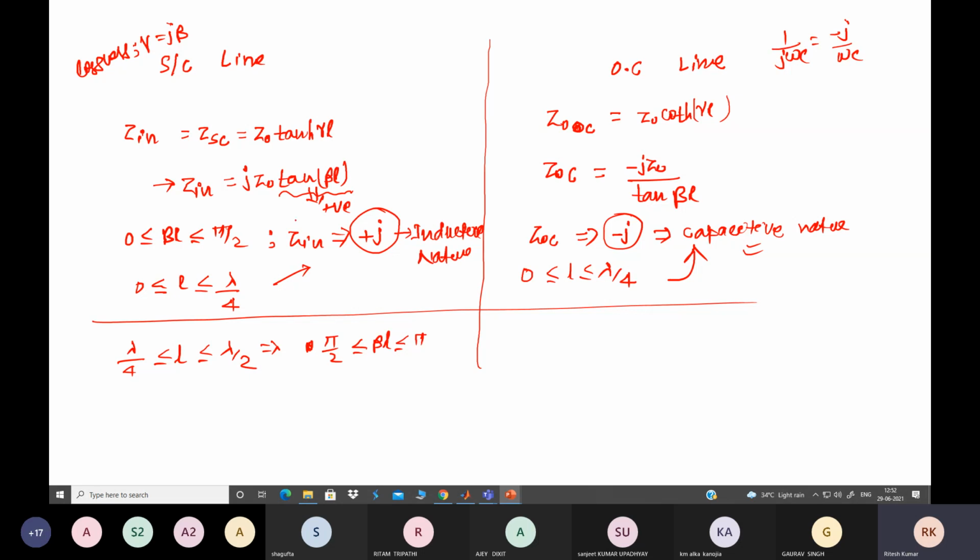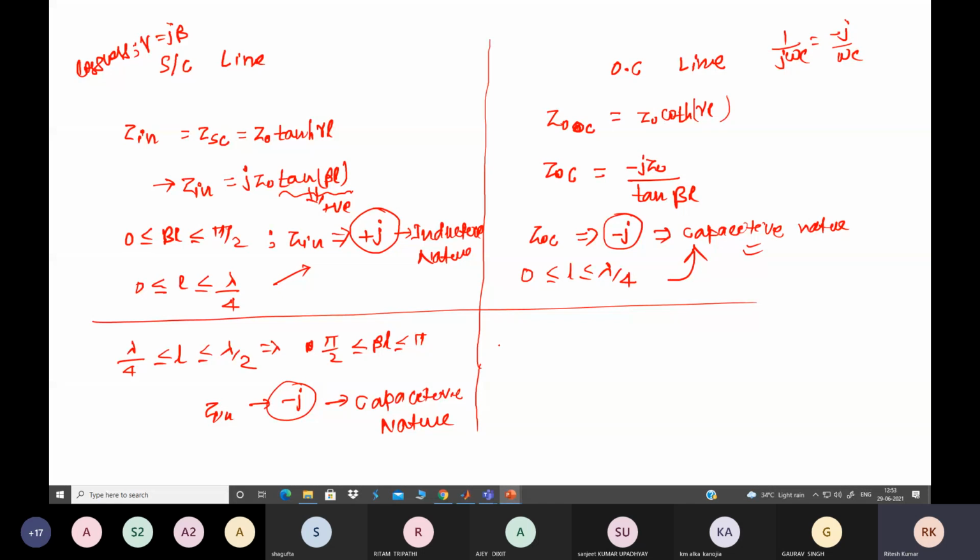And when you put this in tan beta L, this will have a negative value. So negative into J, then Zin for short circuit at that situation has minus J. Then it will behave as what? Capacitive nature.